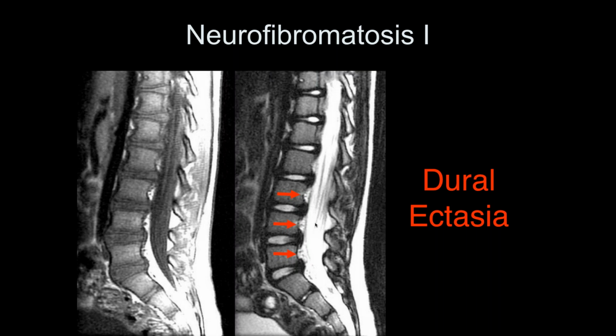But this is called dural ectasia. And so we saw it in some other cases where you see big expansions of the dura in other areas. But this kind of scalloping of the posterior aspect of the vertebral bodies is something that you can see in neurofibromatosis. So you look for neurofibroma. So that's actually thickening of the dura there? It's the dura extending.